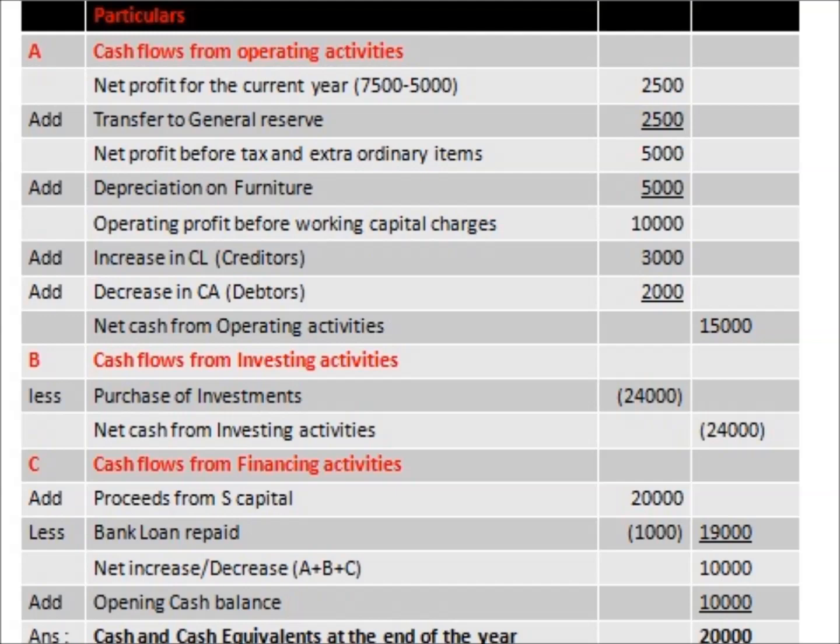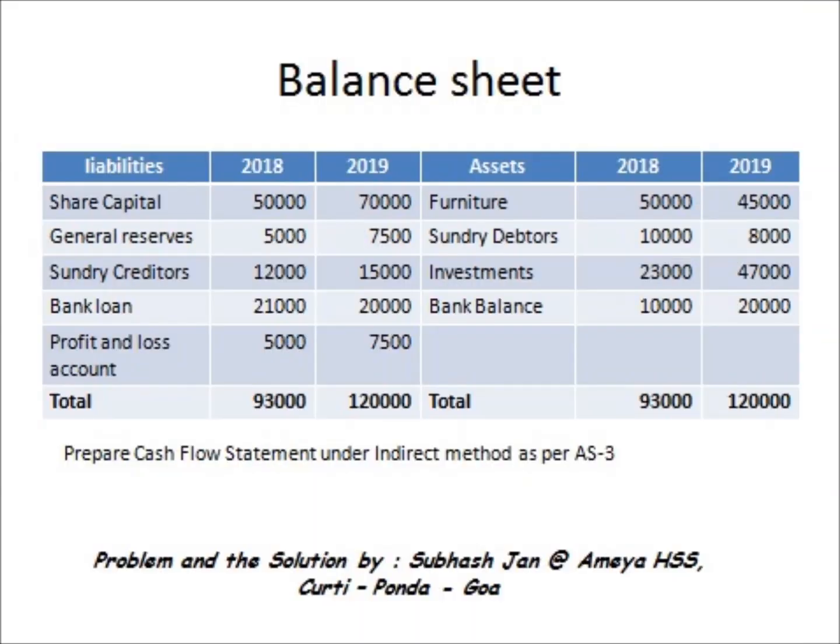Figure C is cash flows from financing activities. What is the financing activity? We have proceeds from share capital. Share capital was 50,000 the first year, and in the current year it has gone up to 70,000. So it is increased by 20,000. There is a sale of shares, and you have earned 20,000 from share capital.